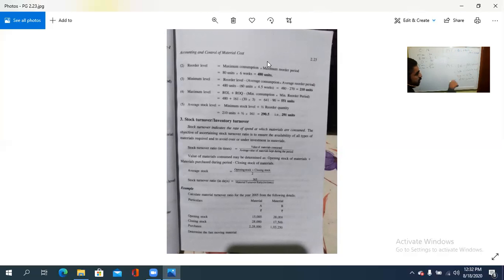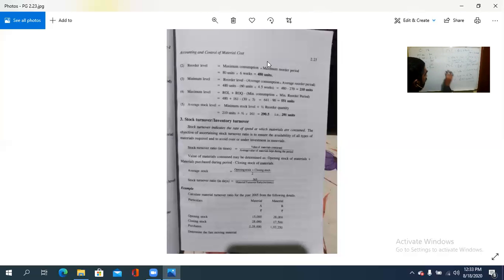So ROL 480 plus ROQ 161 minus minimum usage 30 into minimum reorder period, that is 3. So 480 plus 161 minus 90. How much is it? 641 minus 90. So it is 551 units.